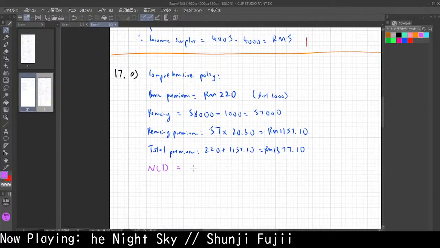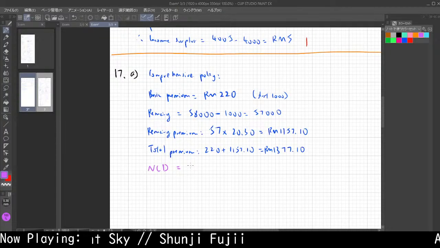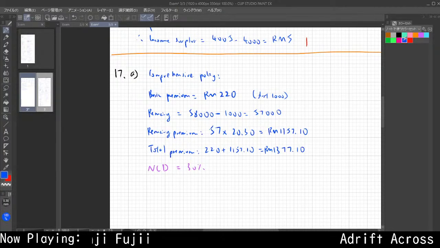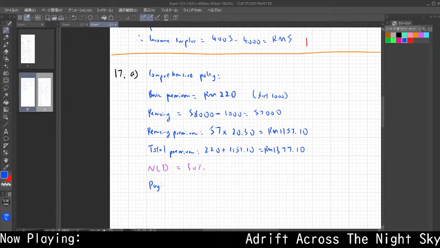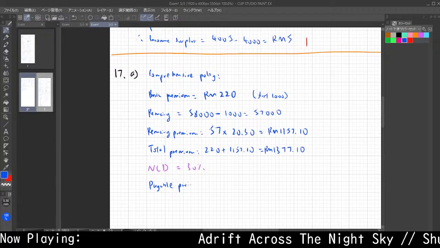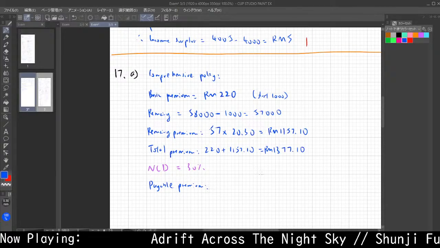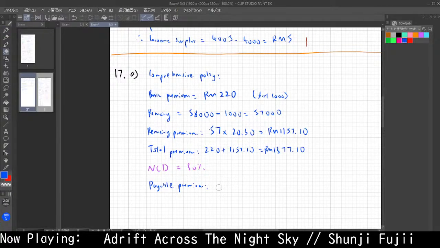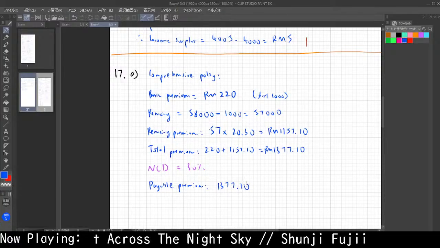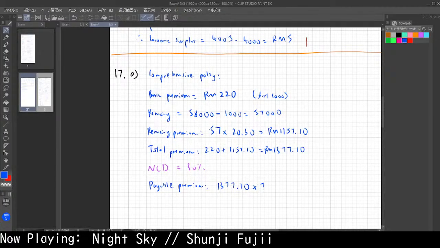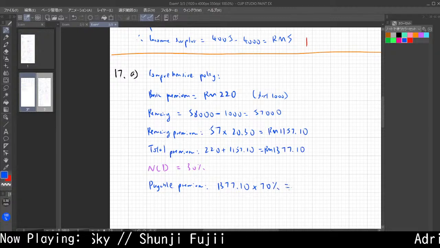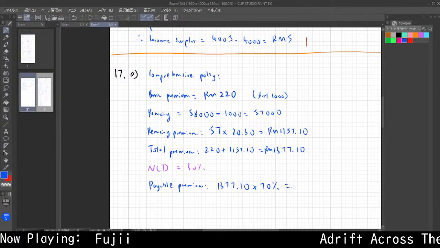In this case your NCD is 30%, therefore the payable premium would be 1377.10 multiplied by the remaining portion, that would be 70%.